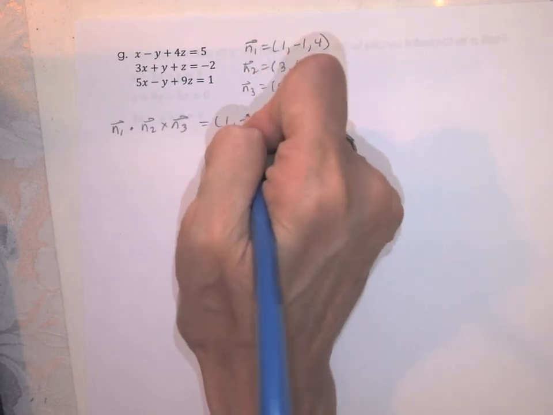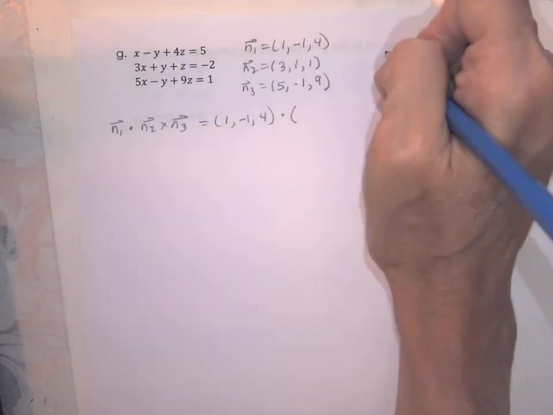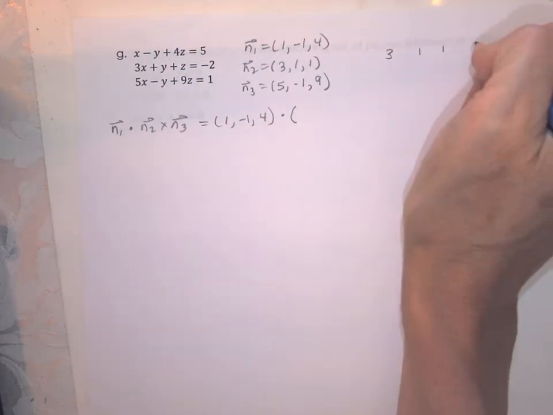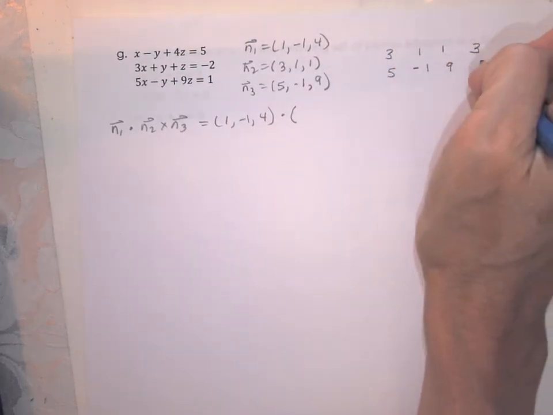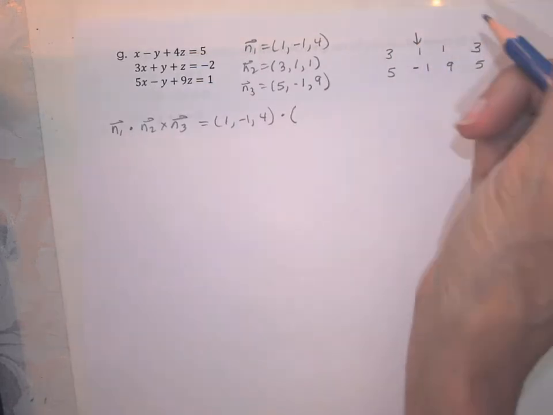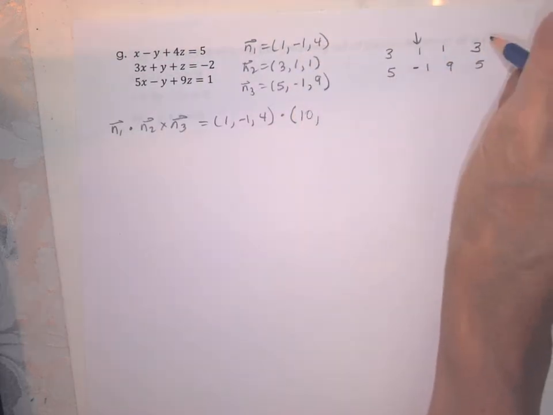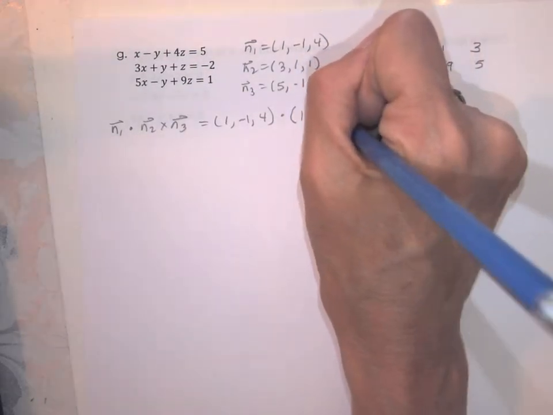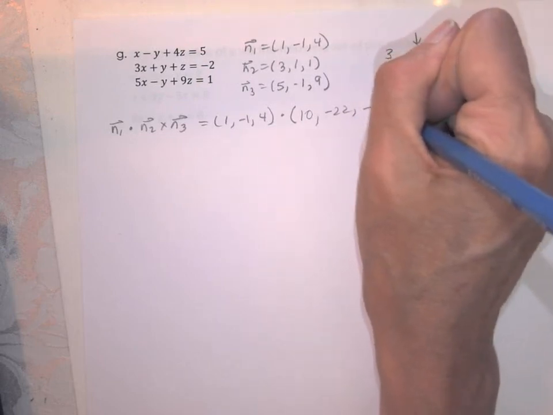So 1, negative 1, 4, dotted with n2 crossed with n3. It's going to give us 9 minus negative 1, which is 10. 5 minus 27, which is negative 22. And negative 3 minus 5, which is negative 8.